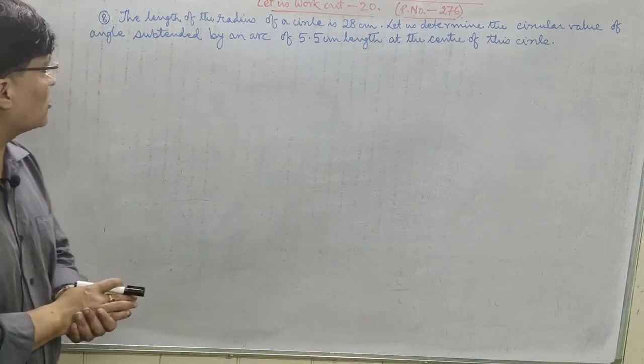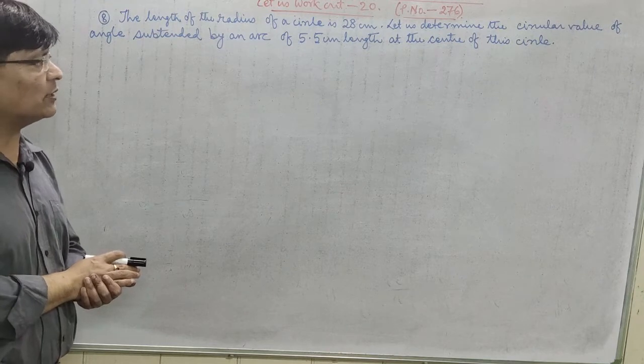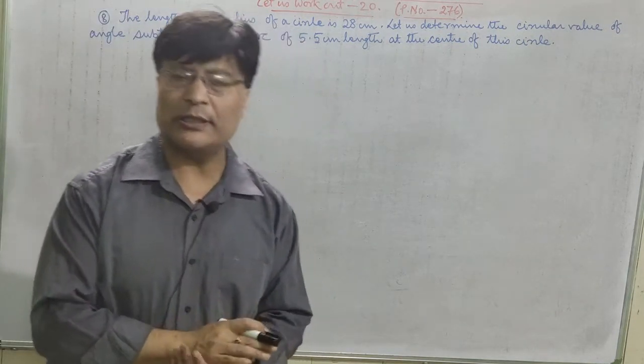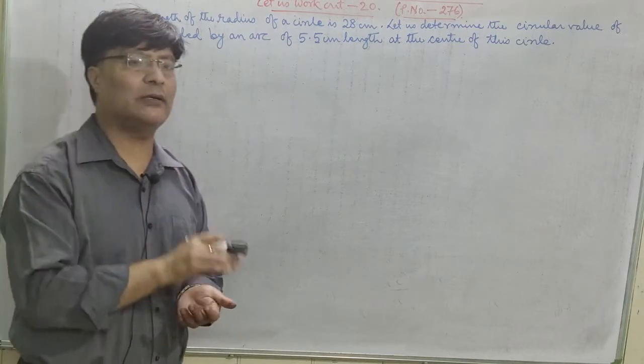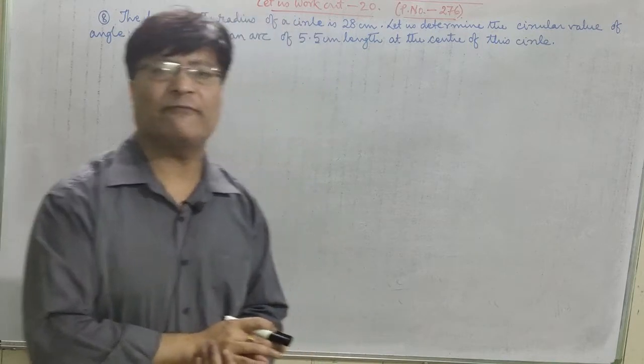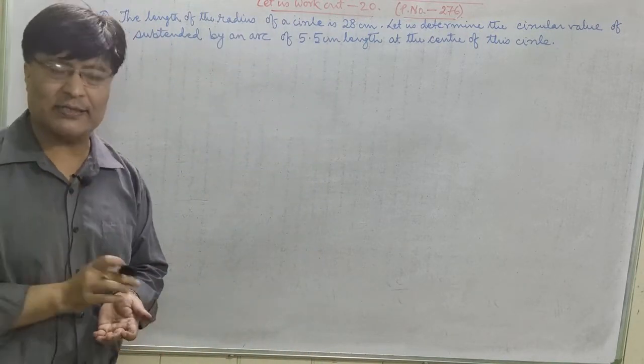Let us determine the circular value of the angle subtended by an arc of 5.5 centimeter length at the center of this circle. So in the question it is given that the length of the arc is 5.5 centimeter and it subtends an angle at the center.